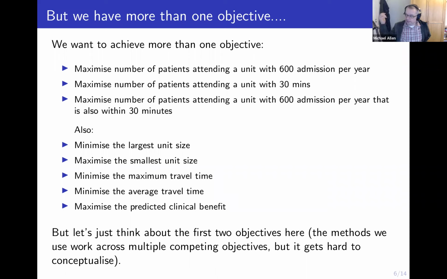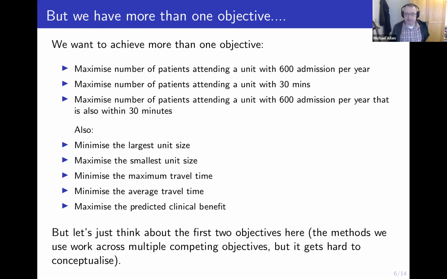But then also the clinicians will come along and say, actually, we also want to avoid really large units, because really large units are difficult to administer, to manage. So can you minimize that? And then maybe we can't get everybody to 600 admissions per year, but can we make the smallest unit as big as possible, please? And then we want to minimize the maximum travel time, possibly.